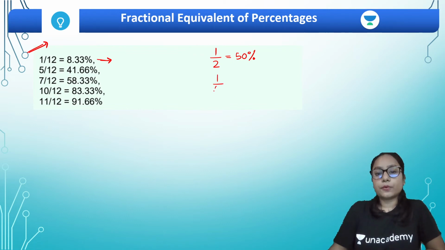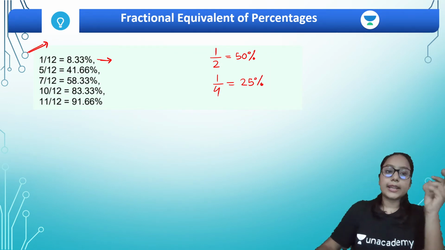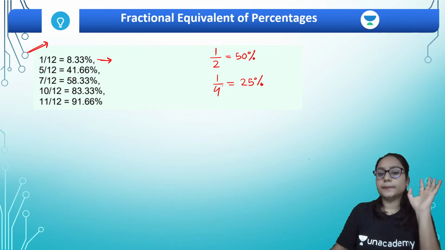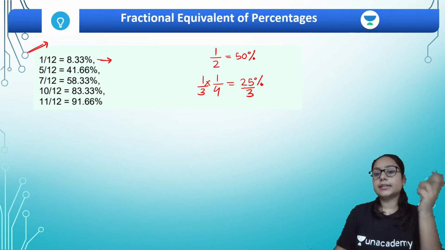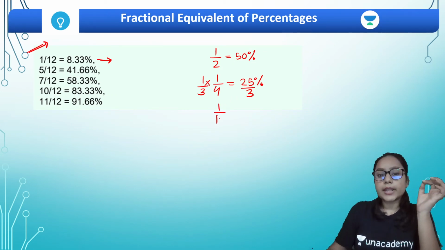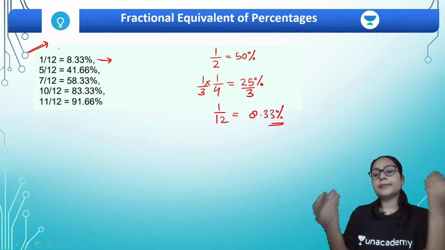What is 1 by 4? This is equal to 25%. Now from 1 by 4, if I divide it by 3, what do I get? If I multiply both sides by 1 by 3, I get this. So 1 by 12 is equal to 8.33%.